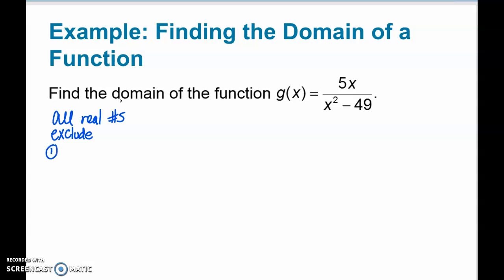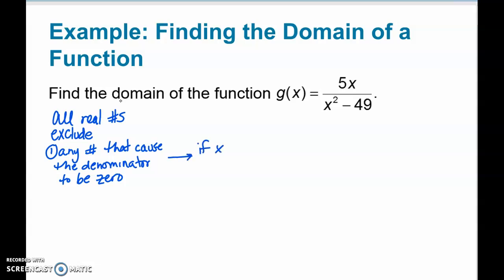Ask yourself, is there any number that would cause the denominator to be 0? The only way that you can have a denominator equal to 0 is if x is in the denominator.